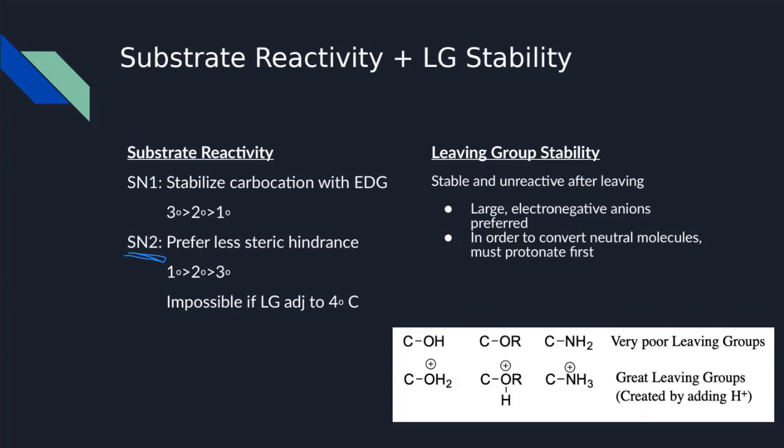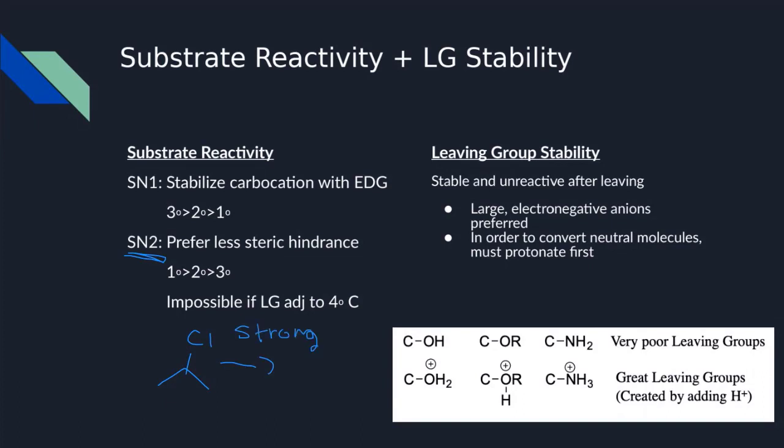Our SN2 reaction will see that we prefer less steric hindrance. We're going to prefer primary carbons to secondary and tertiary. Something to note is that one major fail factor is that it's impossible to have an SN2 reaction occur if the leaving group is adjacent to a quaternary carbon. Say I have my chlorine and the strongest nucleophile ever.